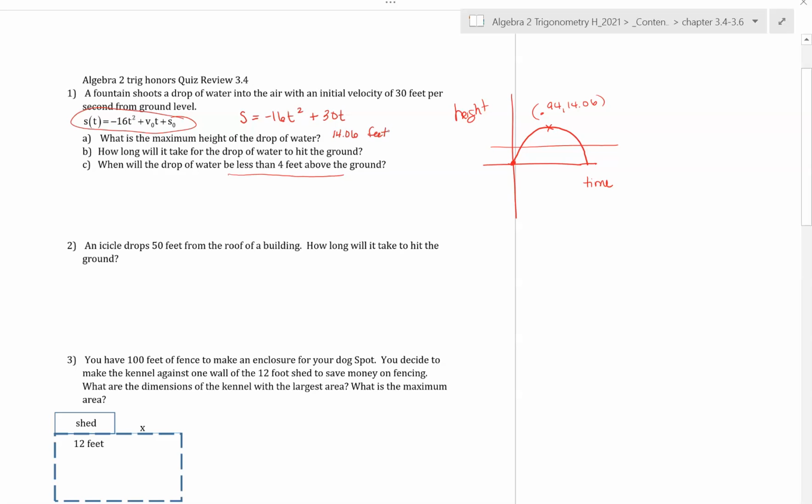Now they want to know for part B, how long will it take for the drop of water to hit the ground? So you want the height to be 0. And you probably could solve this one algebraically without much trouble at all, by factoring out a t.